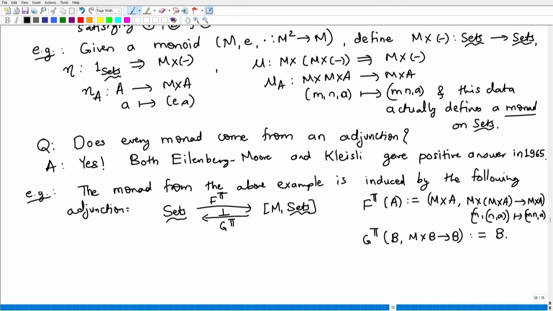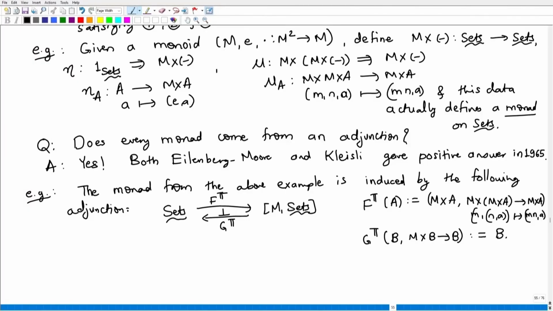The simplest possible thing is to see that given a set A, if you follow F upper T, then you get M cross A, and you come back, then you get M cross A because it's forgetful. So that agrees with what your functor T was. Yeah, that functor was M cross blank.